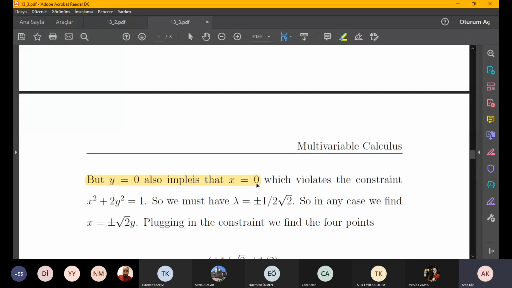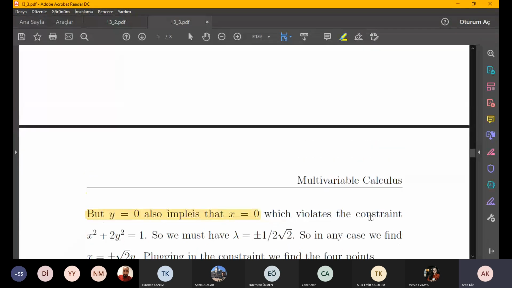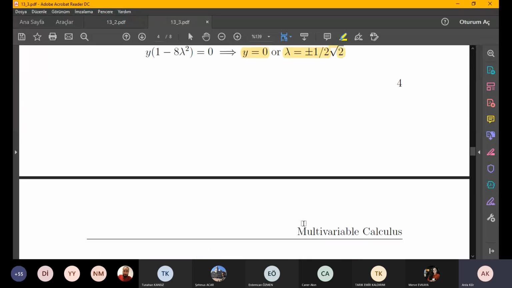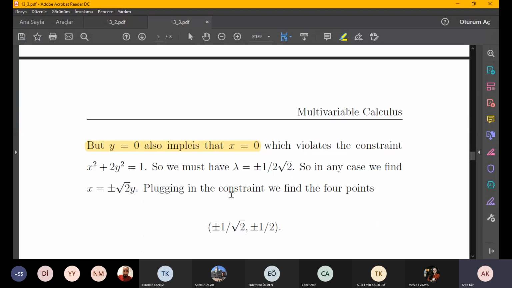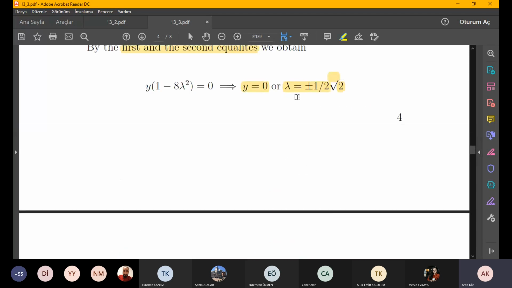But that will be a contradiction if you let x equals 0 and y equals 0 in the last equation, which is g(x,y). You will get minus 1 equals 0, which is a contradiction. So the only option is that lambda is equal to plus or minus 1 over 2 square root of 2.